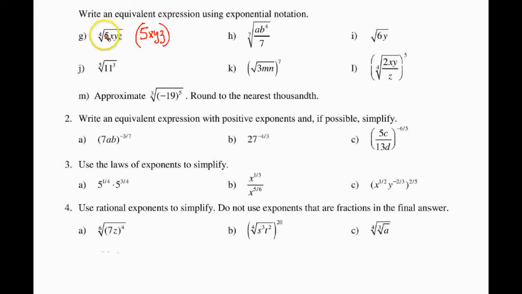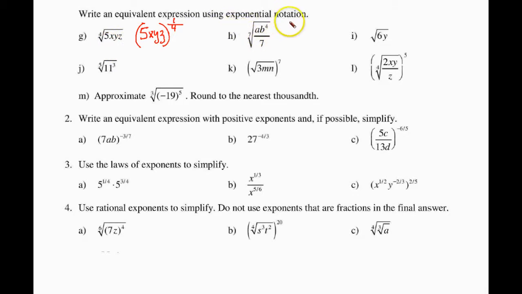Now, since there is no exponent, it's going to be 1, and then our denominator is the index number. Now, if we didn't use the parentheses, this 1/4 would only apply to the z. You want it to apply to the whole radicand.